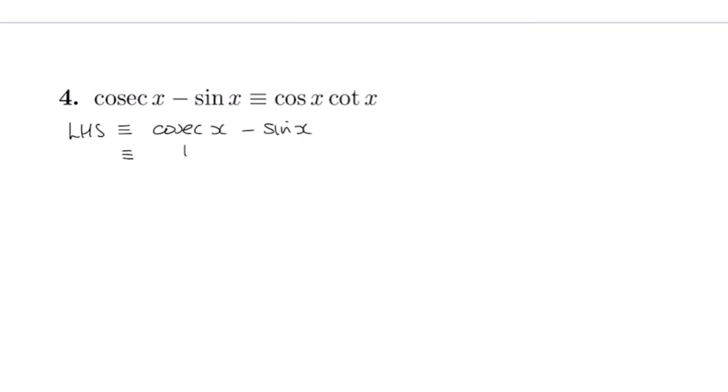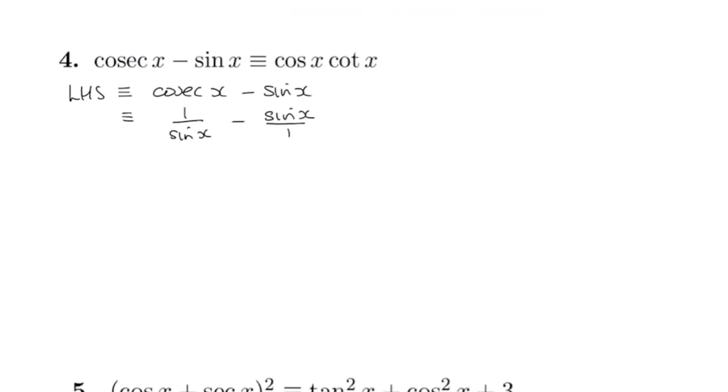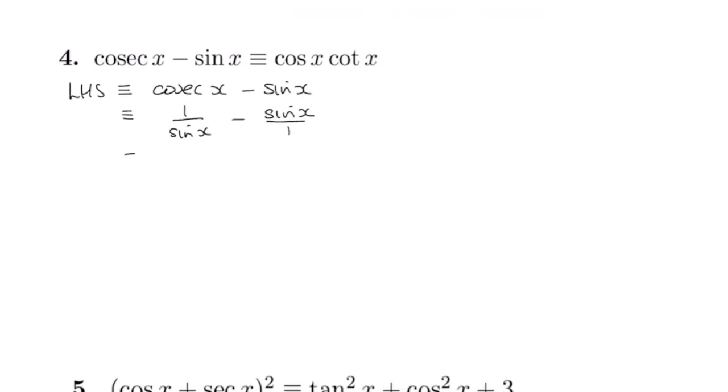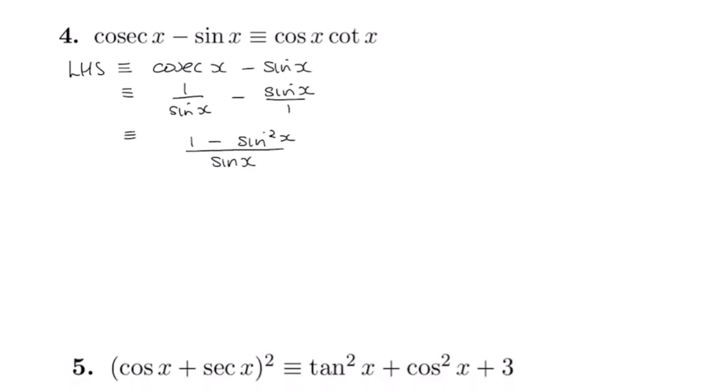So cosec is 1 over sine x minus sine x over 1. Now you can see we've now got some fractions. The common denominator, of course, is sine x. So I'm going to get 1 minus sine squared x, and of course, 1 minus sine squared x is cos squared x over sine x.